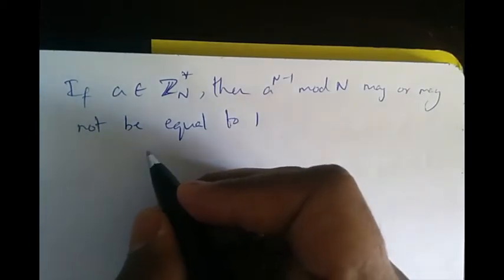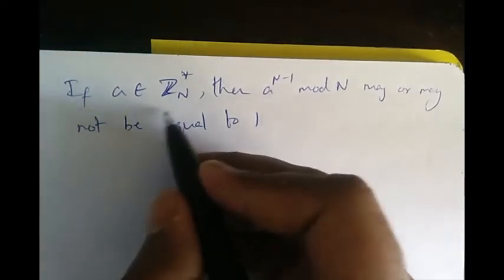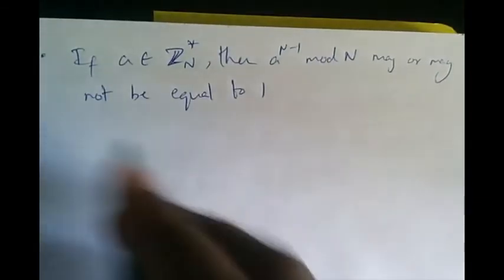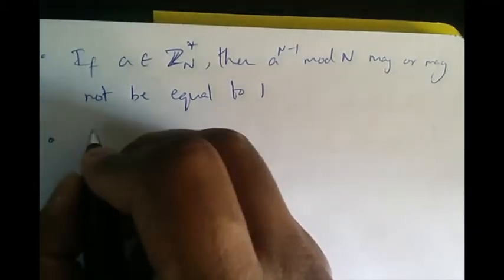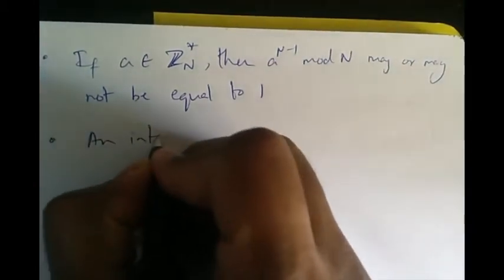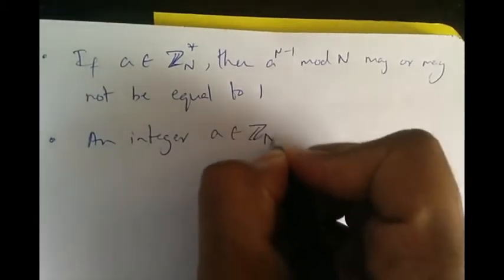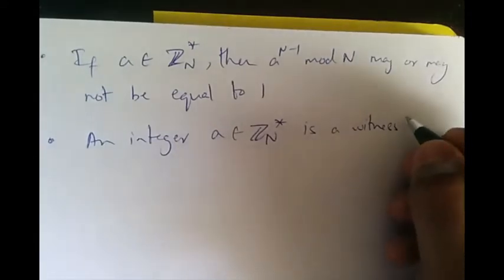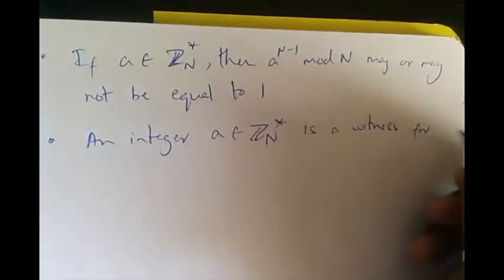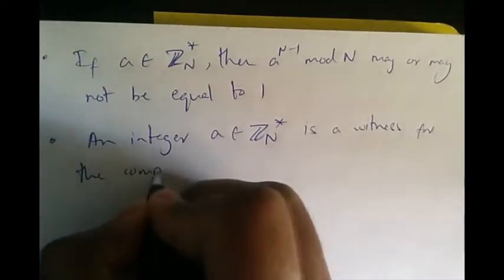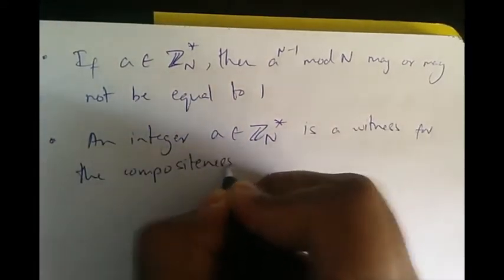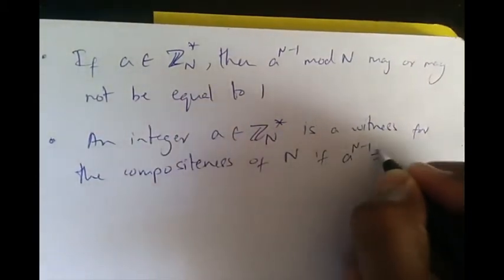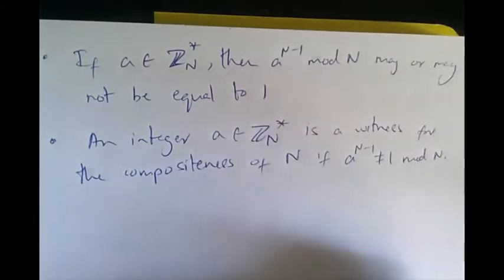Then we gave a definition for a witness of compositeness, because we said, okay, elements in Zn star complement are rare. Most of the elements are going to be in Zn star. So we'll say that an integer a in Zn star is a witness for the compositeness of n if a to the n minus 1 is not equal to 1 mod n.